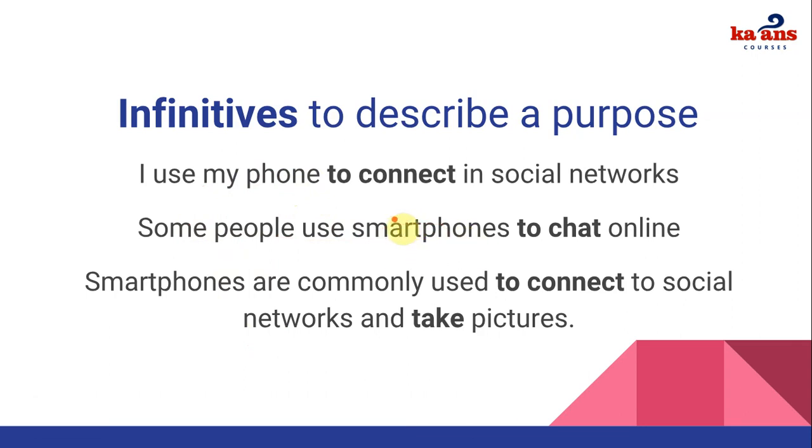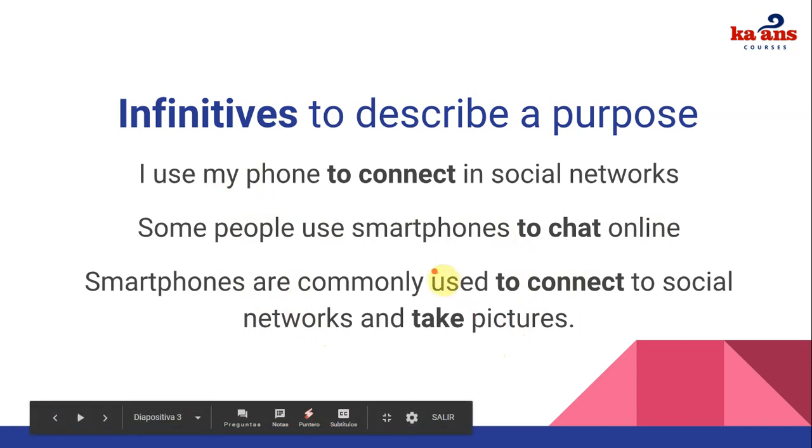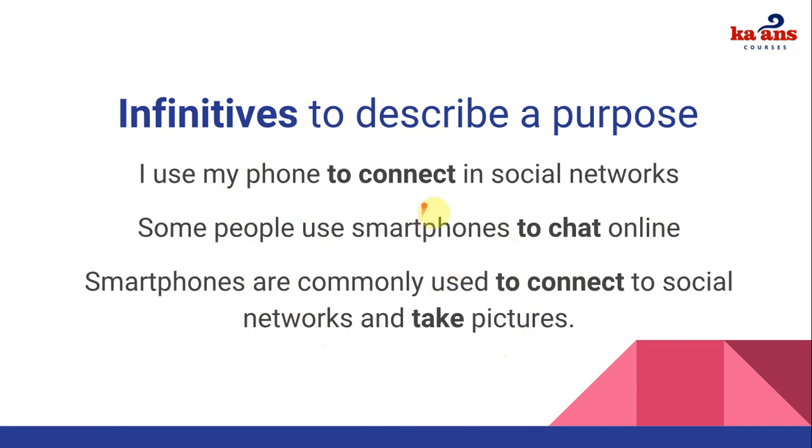So we have the object, phone or smartphones, and then we have to describe the purpose. Depending on each example we're going to give the purpose of using or having a phone.